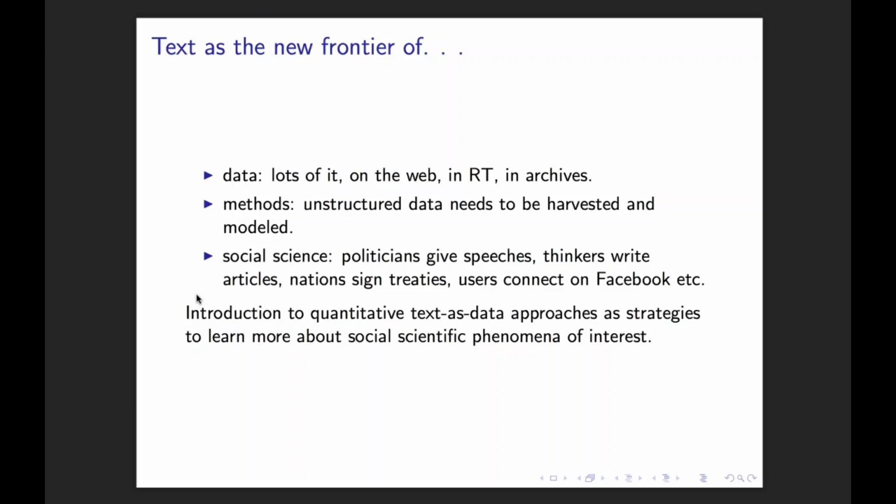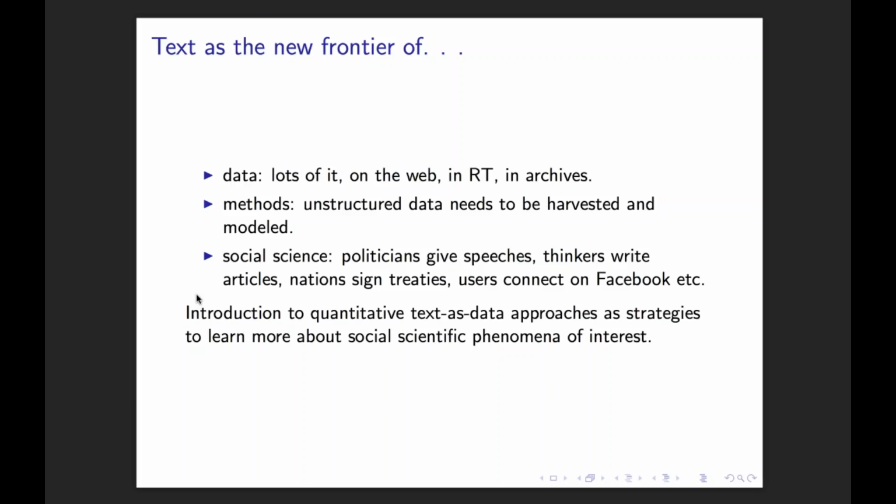These types of documents often come unstructured, i.e. they come in written or oral formats that need to be harvested, and then from that harvesting, they need to be put into some sort of structured format such that they can be modeled. In the social sciences, for example, politicians give speeches, political thinkers and revolutionaries write articles, international states and nations sign treaties with each other, such as trade treaties or bilateral investment treaties or treaties on immigration or treaties on debt and deficit spending.